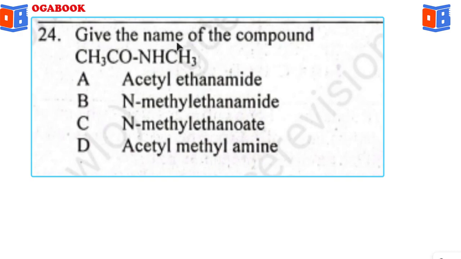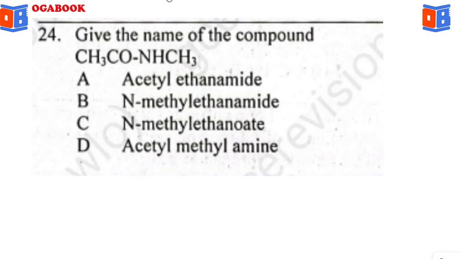Question 24. Give the name of the compound below. This compound is an N-substituted amide, where the methyl group is attached to the nitrogen atom of the amide. So it is going to be a methyl group attached to N of the amide.